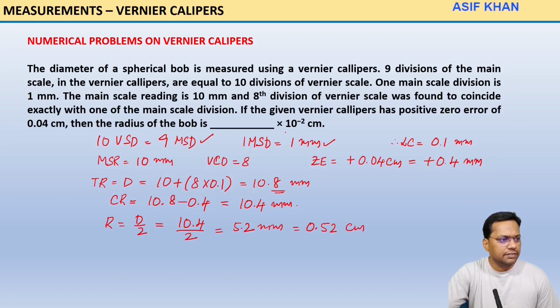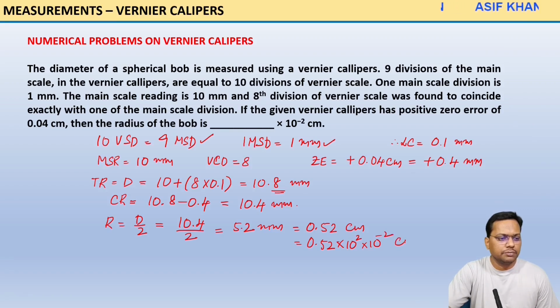But here it is given, it should be mentioned in terms of into 10 power minus 2 centimeters. So therefore, we just multiply and divide with 10 power 2. That is 0.52 into 10 power 2 and divide by 10 power 2, that is 10 power minus 2.